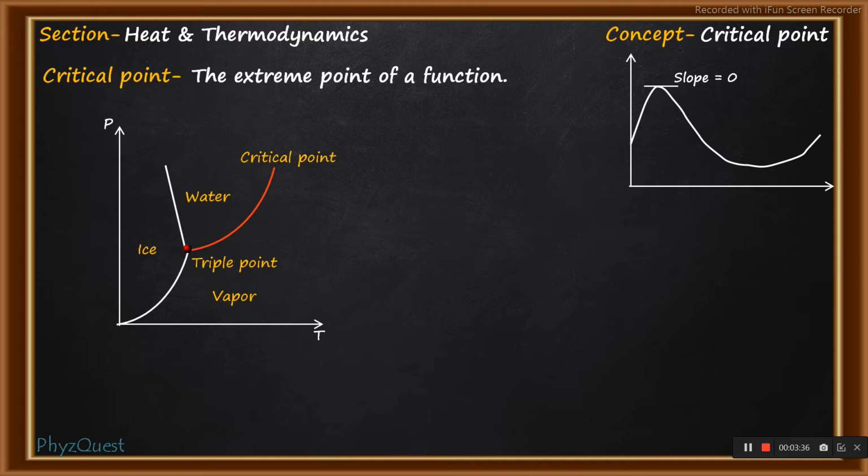Before this point, on this curve, the transformation from water to vapor phase or vice versa involves a phase transition. But after this point, the transition from liquid to vapor phase will be continuous without any phase transition. This is also known as the supercritical fluid.